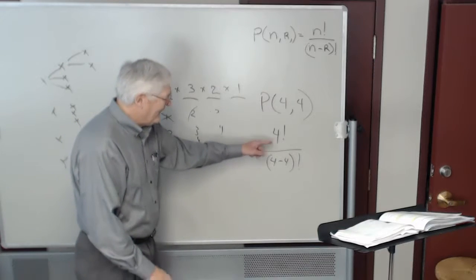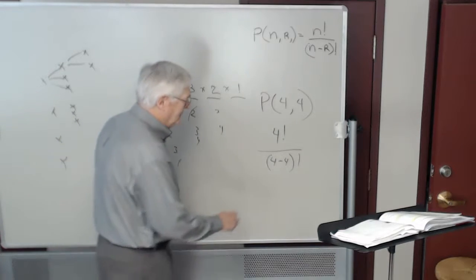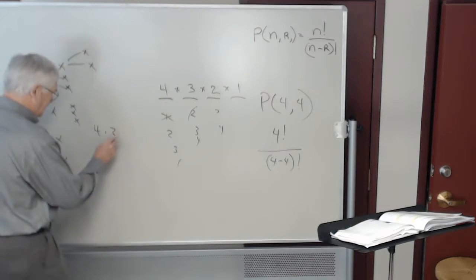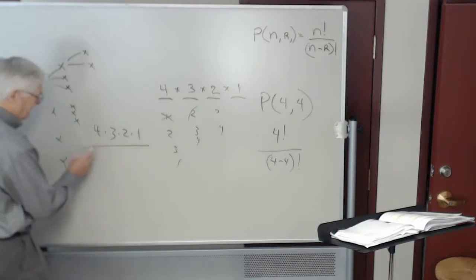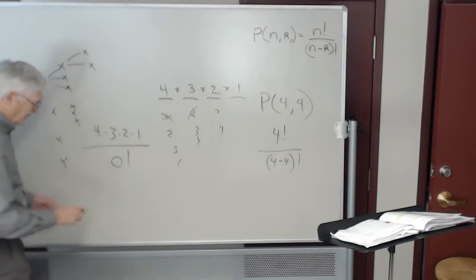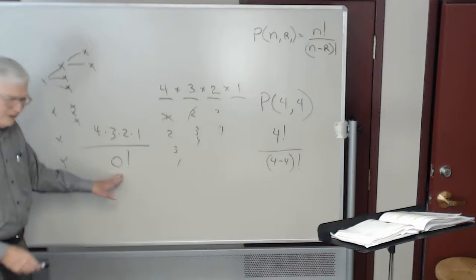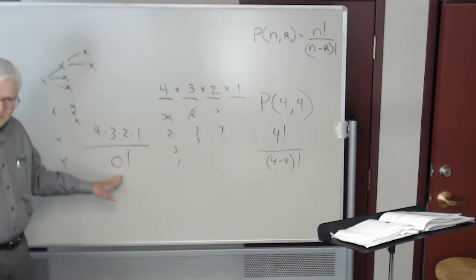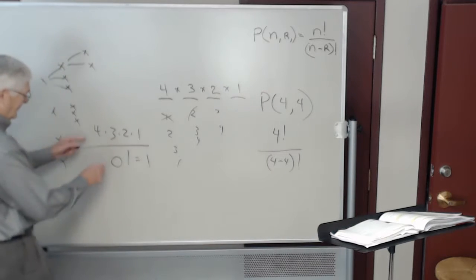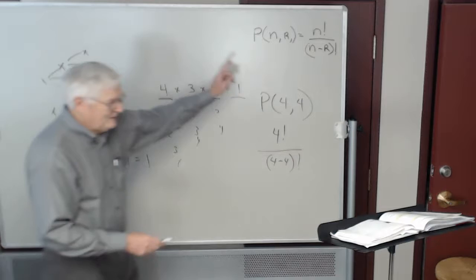What's 4 factorial? 4 times 3 times 2 times 1 divided by, what's 4 minus 4? 0 factorial. What does 0 factorial equal? 1. Good. It equals 1. So that would be 4 times 3 times 2 times 1. So that's why this formula works.